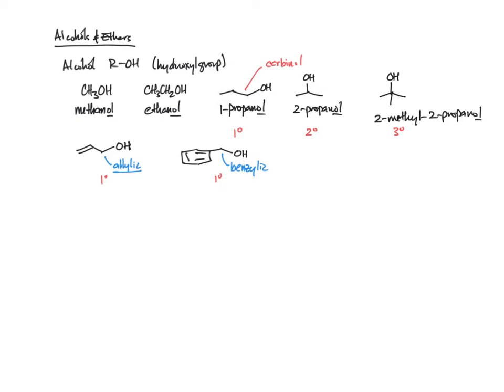And we have one more example of this. The carbinol carbon is bearing an sp hybridized carbon of an alkyne. Again, primary is the classification. This type of carbon is called propargylic.